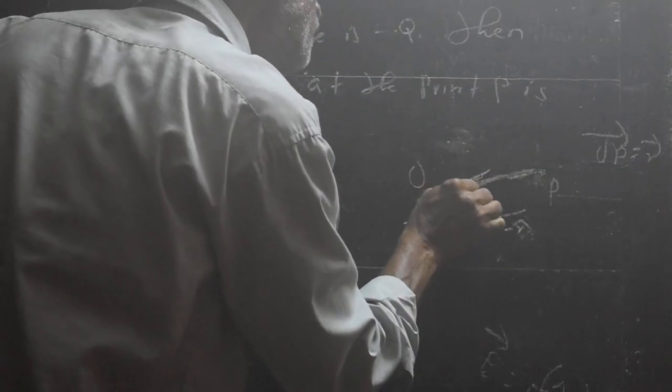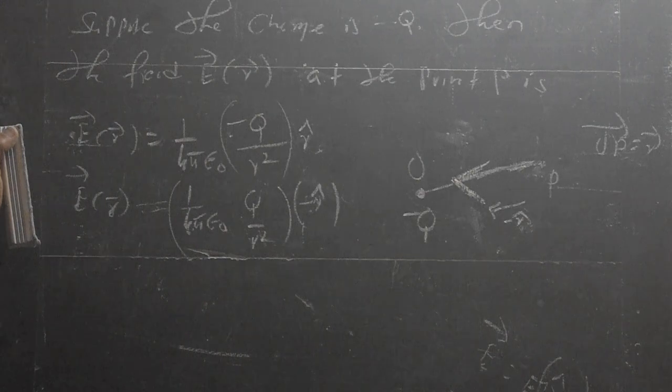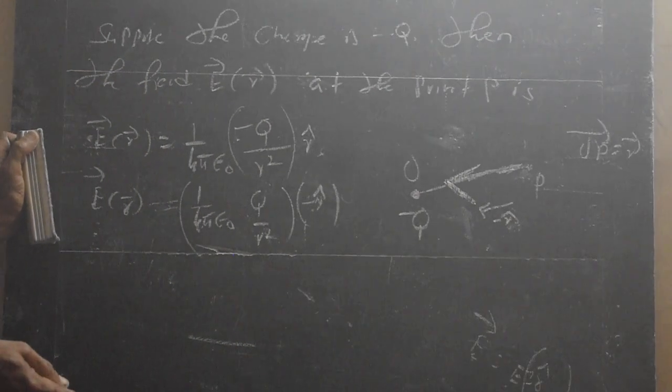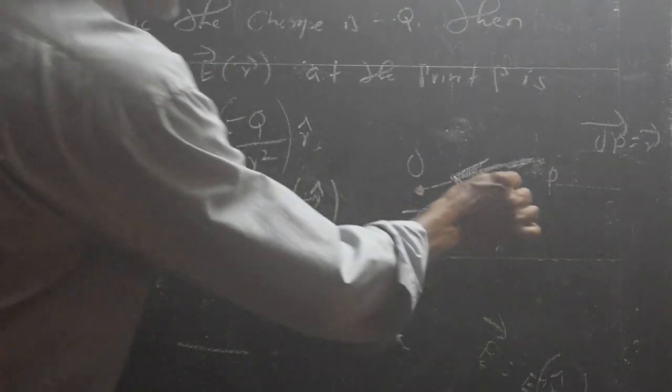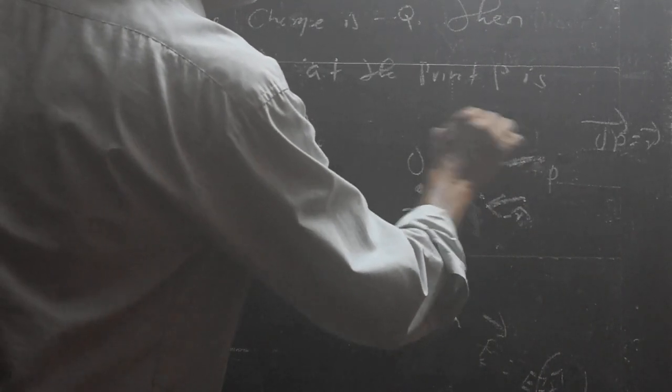Minus R cap is a unit vector opposite to R bar, so field E bar is in this direction.